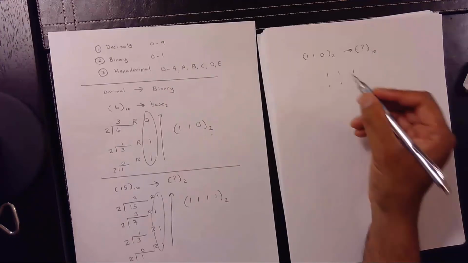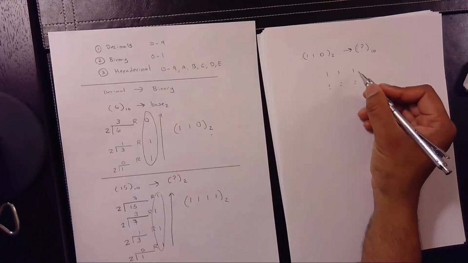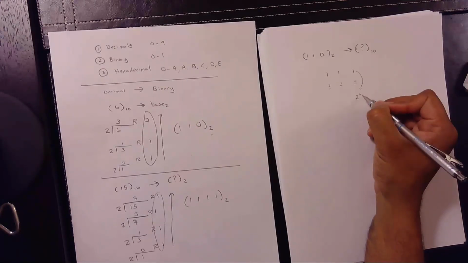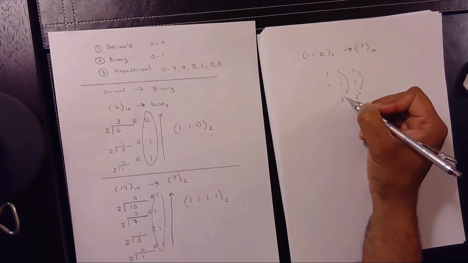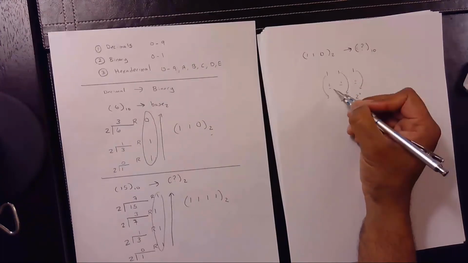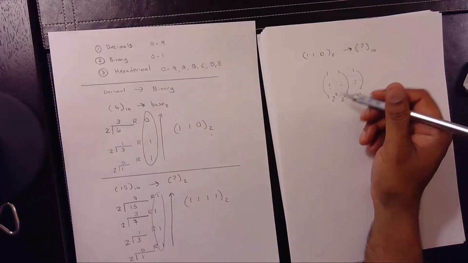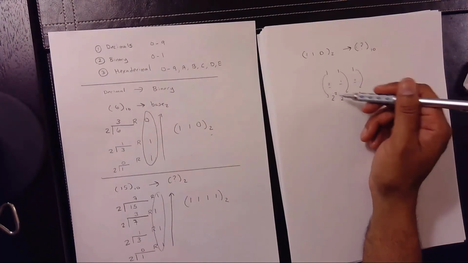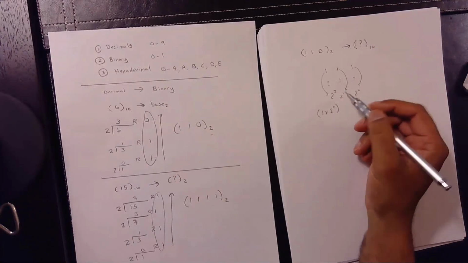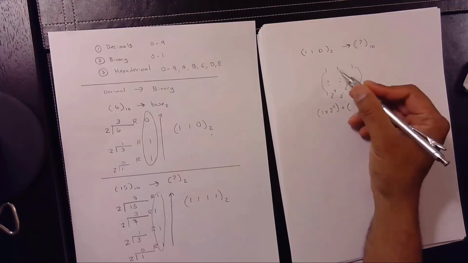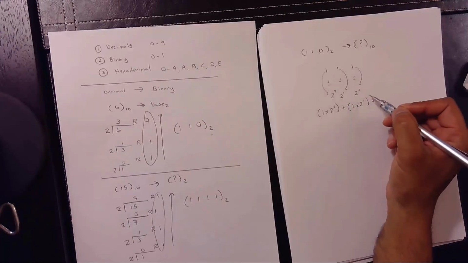These are placeholders. You write that in real small terms. This means 2 to the 0 power, this means 2 to the first power, and this means 2 squared. Our answer is going to be 1 times 2 squared, plus 1 times 2 to the first, plus 1 times 2 to the 0.